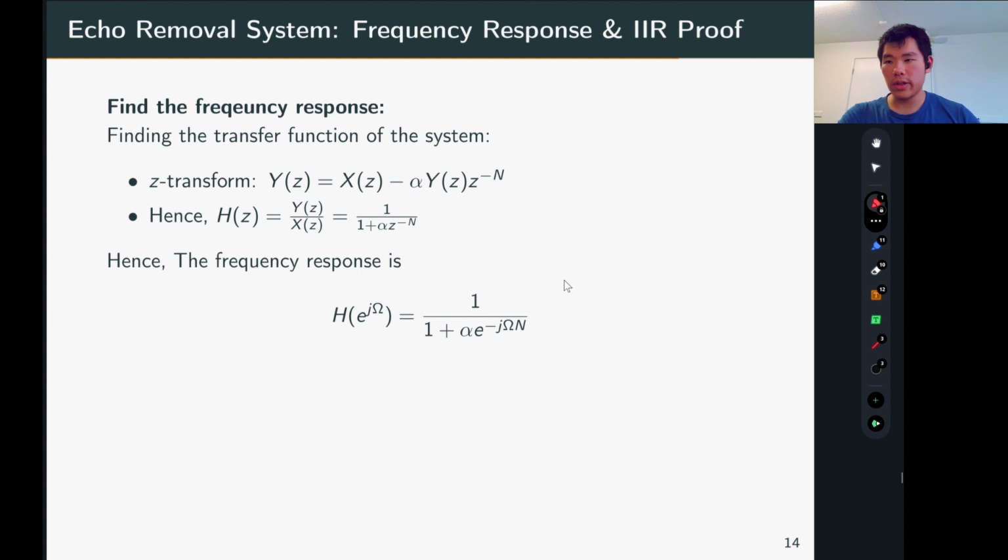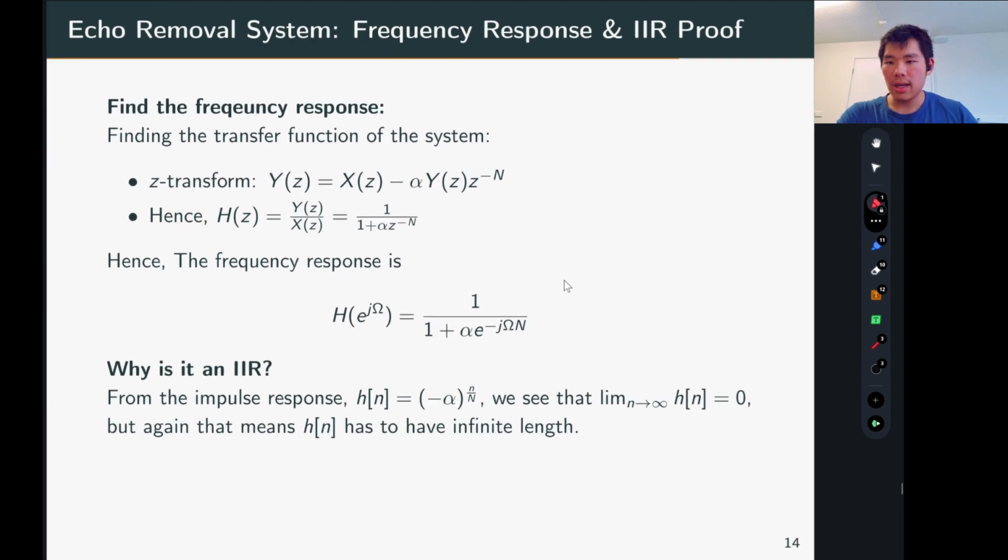To find the frequency response, we do the same thing: find the z transform and then the transfer function, and then we just plug in e to the j omega in place of z, and we get this. And why is it IIR? Again, we see that the limit is 0, and that means h of n has to have infinite length.